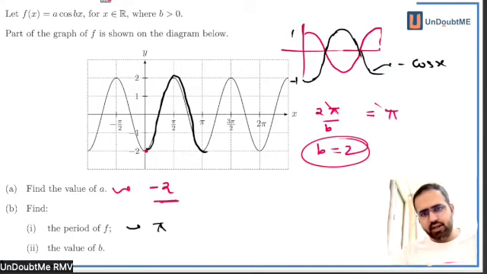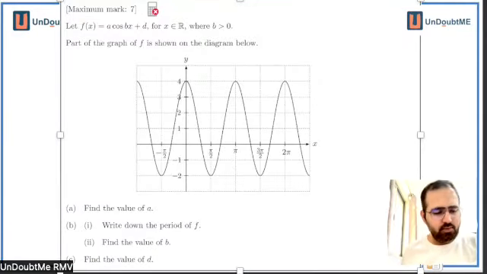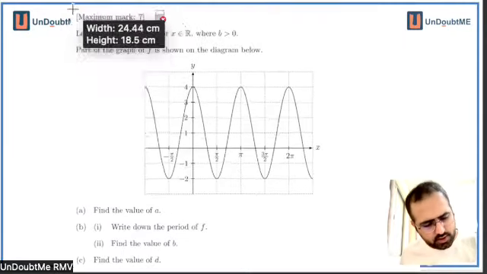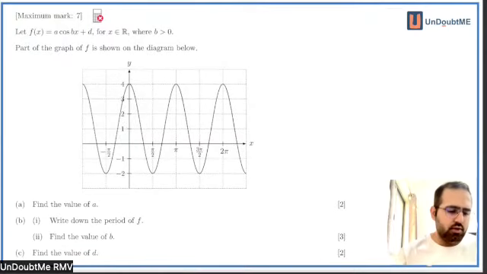Does anyone have any question in this particular one, like all three parts, A, B, part 1, part 2? We'll be doing one more question, and possibly it will become more clear after this one. So this time it is A cos bx plus d.